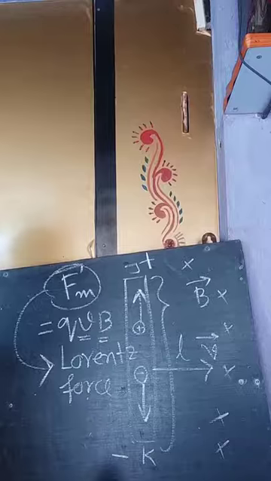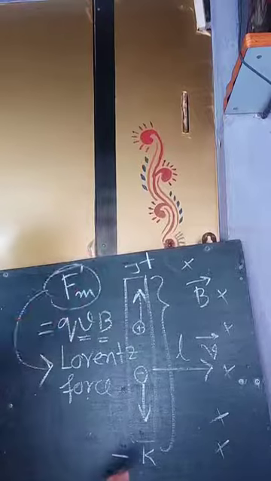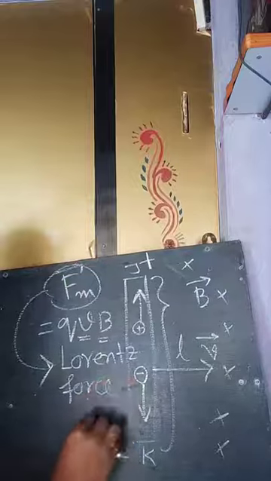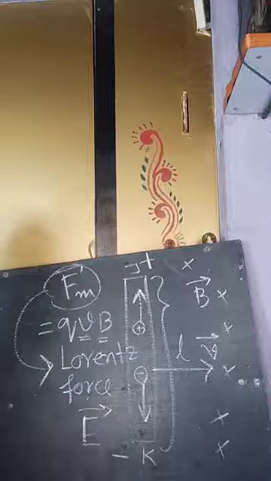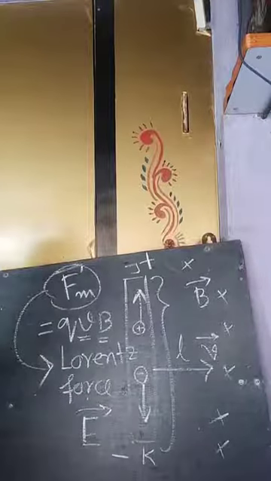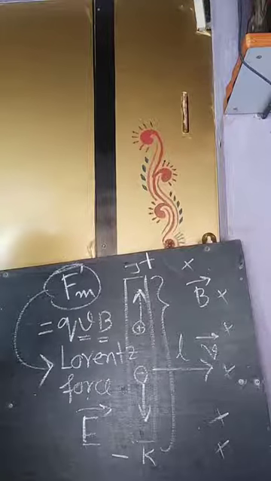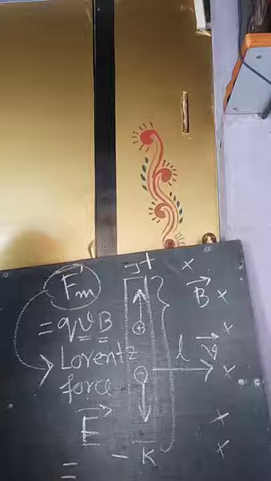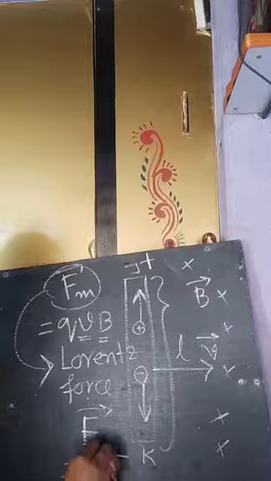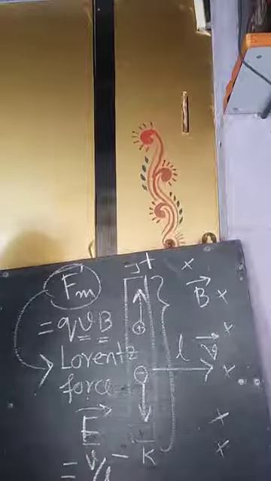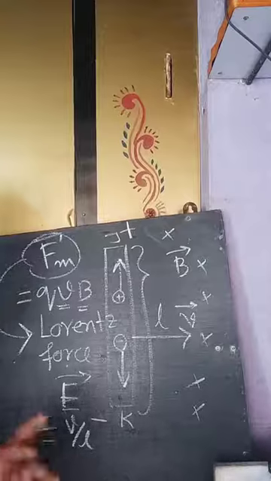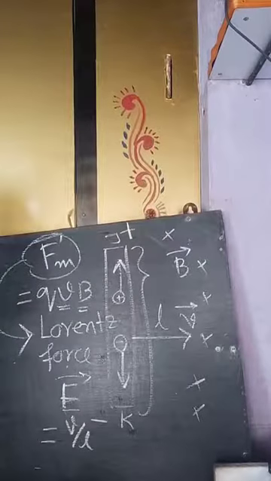So as the potential difference is there, an electric field E will be there, and what will be the magnitude of this electric field? The magnitude of this electric field is defined as V by L. It will basically be V by L. Okay.